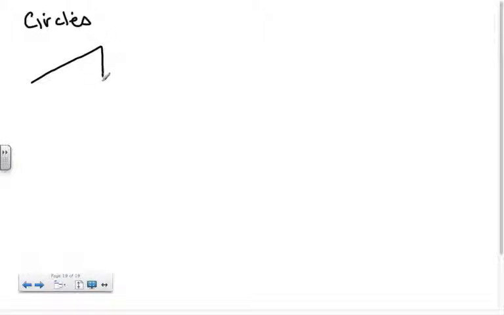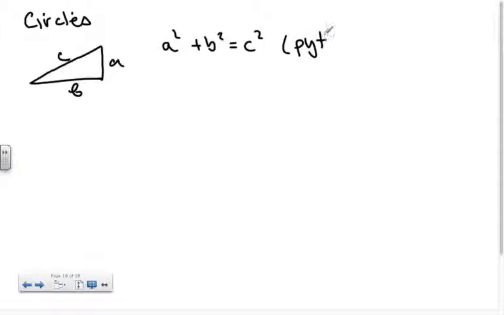I have a triangle. This is C, this is A, and this is B. I know that A squared plus B squared equals C squared, right? Pythagorean's theorem. If you remember this, you remember all this.